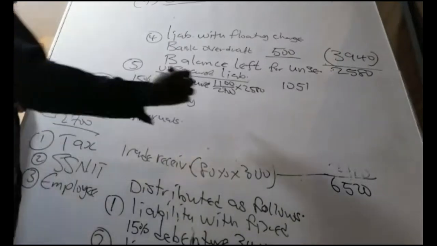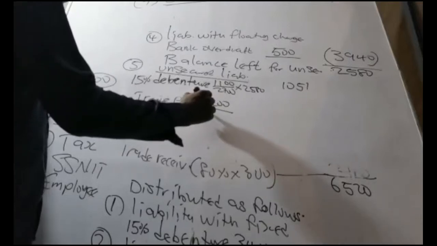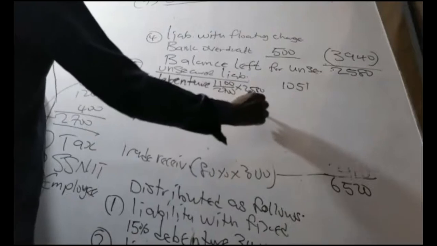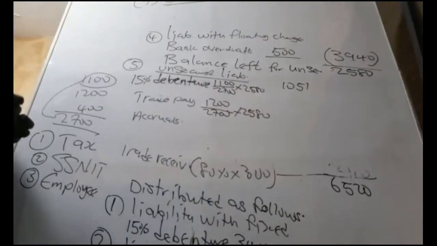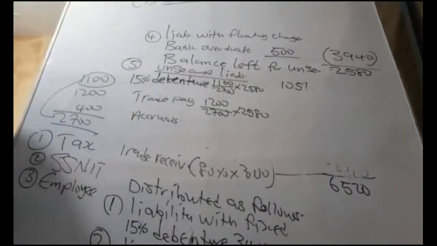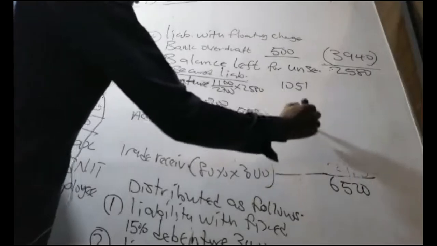And now it will be 1,200 all divided by 2,700 times 2,580. Please, what will be the answer? 1,147. 1,147.